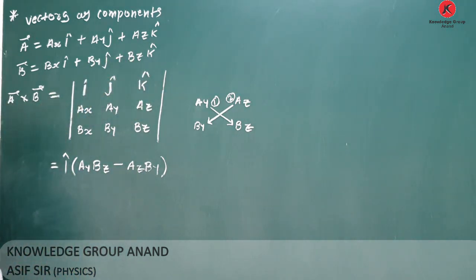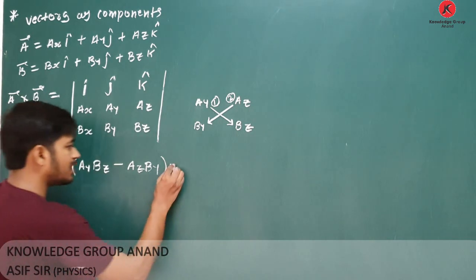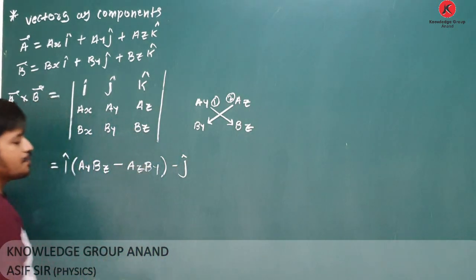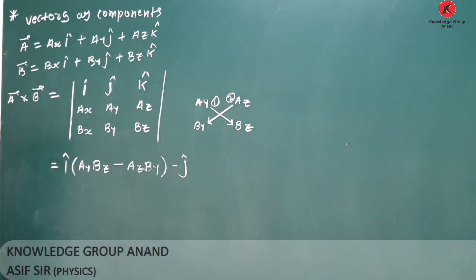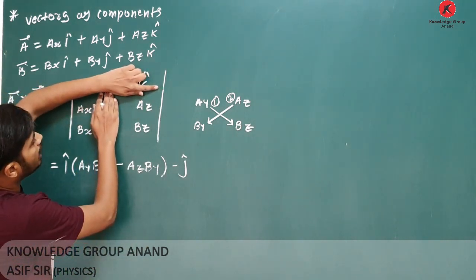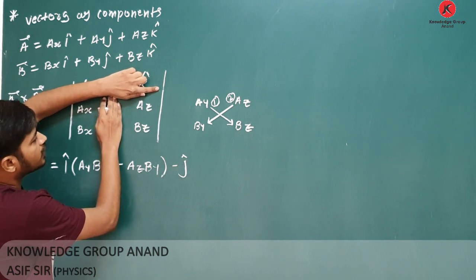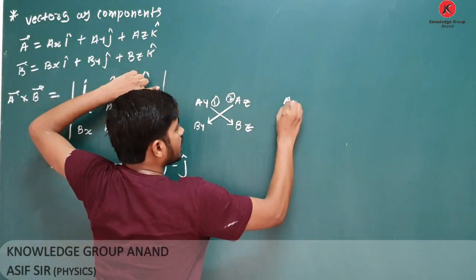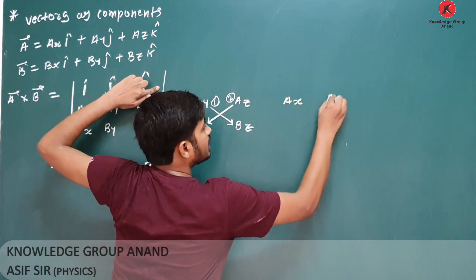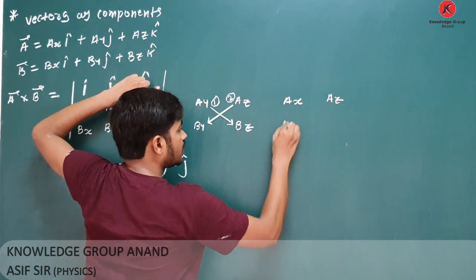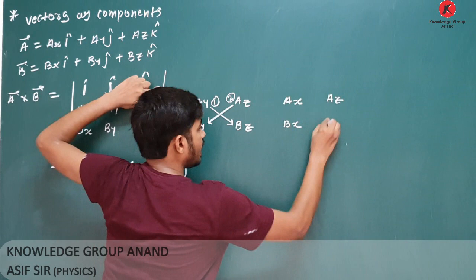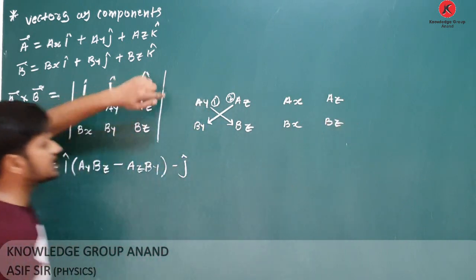Okay. Second, you have to take J caret, but you have to take minus J caret. Then if you are taking minus J caret, you have to hide this row and this column. Then which are the 4 elements? Yes, it is AX, AZ, then BX and BZ.